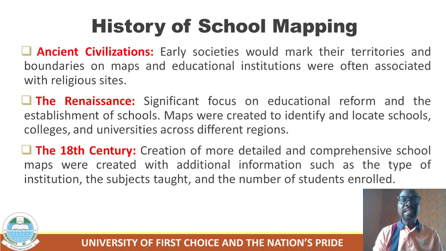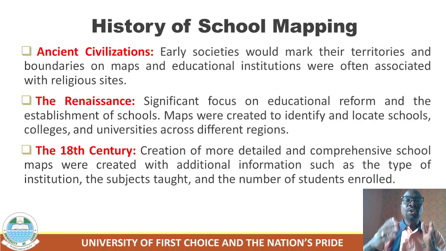So it was during the era of the 18th century that we now have detailed information about school maps. So it went beyond just creating maps that will locate schools, universities, and the colleges during the Renaissance era.